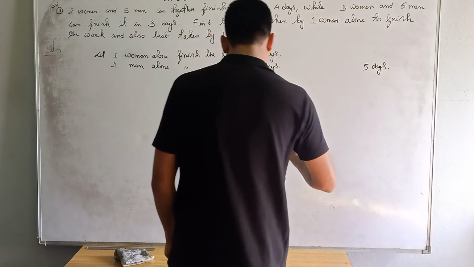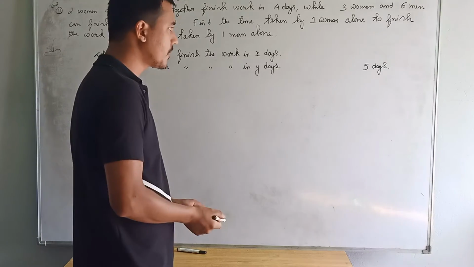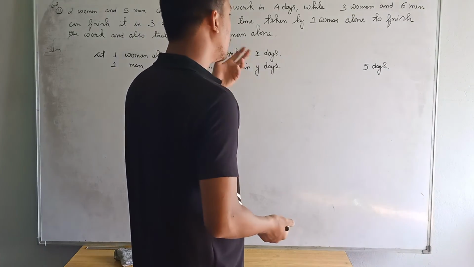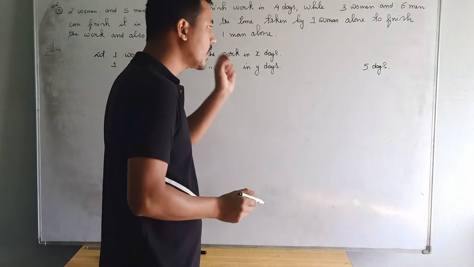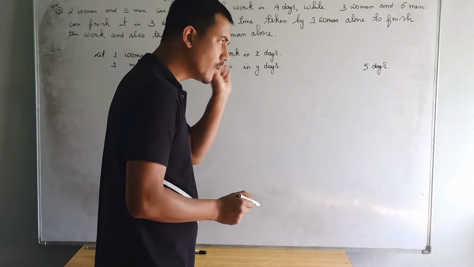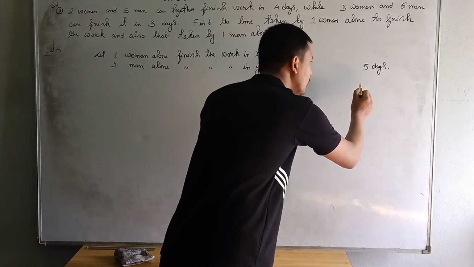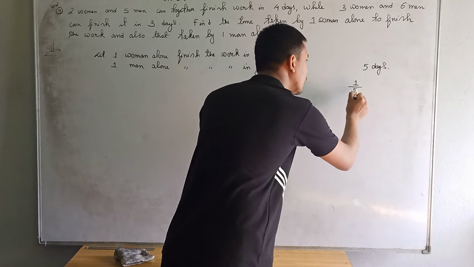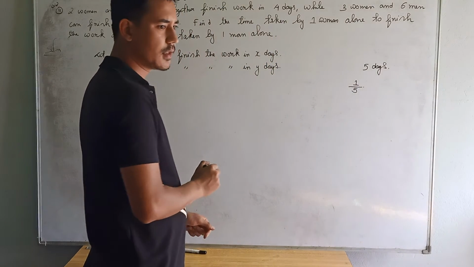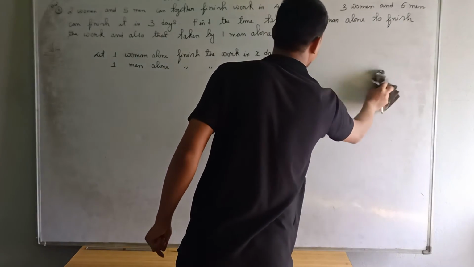Then in 1 day, how much work can you do? You will be able to do only 1 part of the 5 days' work. So the same technique can be applied over here.